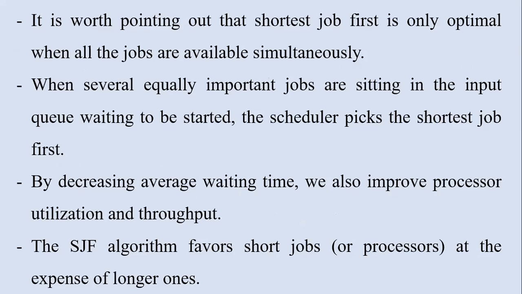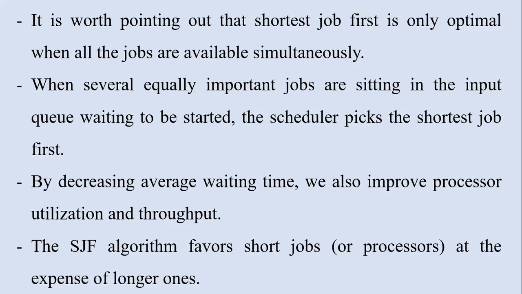It is worth pointing out that shortest job first is only optimal when all the jobs are available simultaneously. When several equally important jobs are sitting in the input queue waiting to be started, the scheduler picks the shortest job first. By decreasing average waiting time, we also improve processor utilization and throughput.